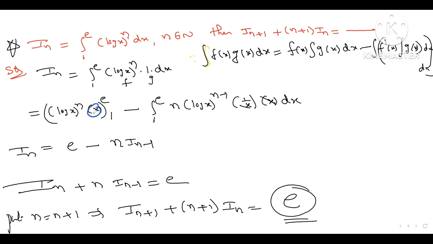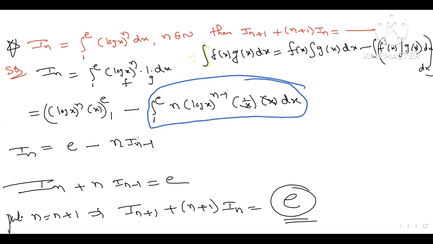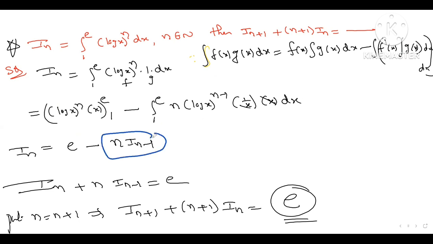So we have got e. Minus, in the place of x, the lower limit: log 1 value is 0. So this value is e only. Minus, this integral we have written as n into I, n constant here.